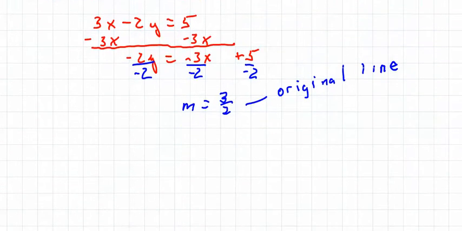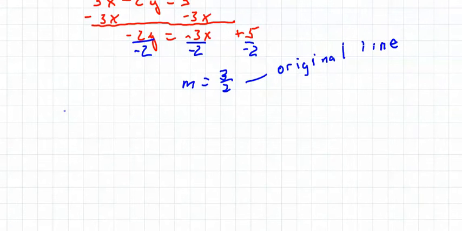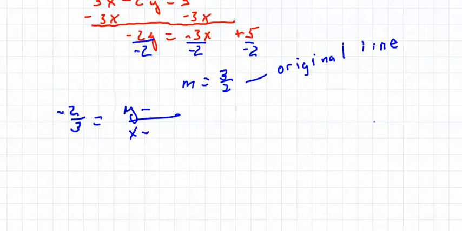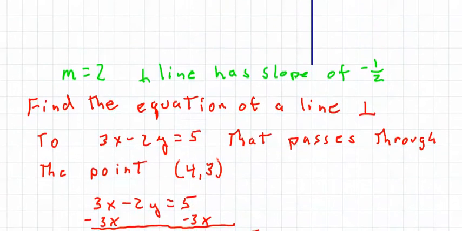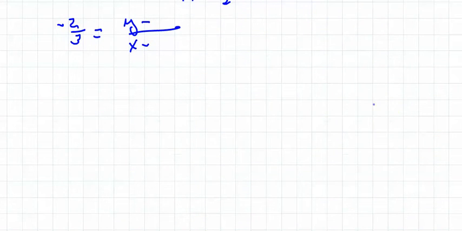Now, all we have to do is take the negative reciprocal of that slope, minus 2/3. We flip it, change the sign, equals y minus over x minus. Now, check our point. Our point was 4, 3.